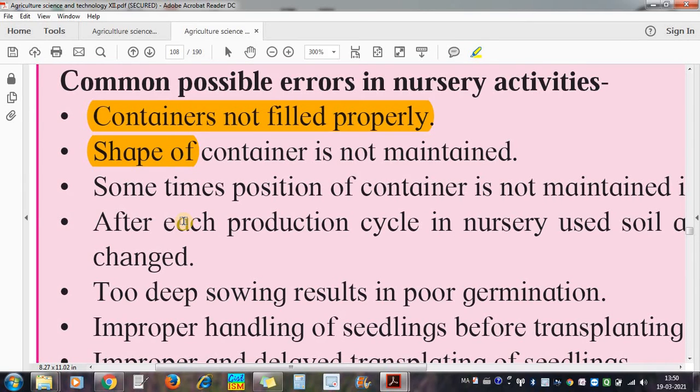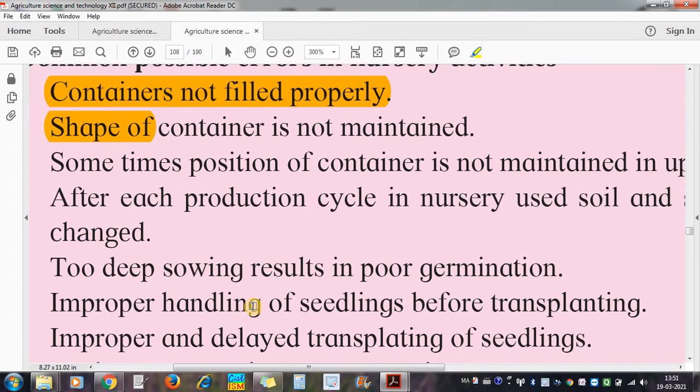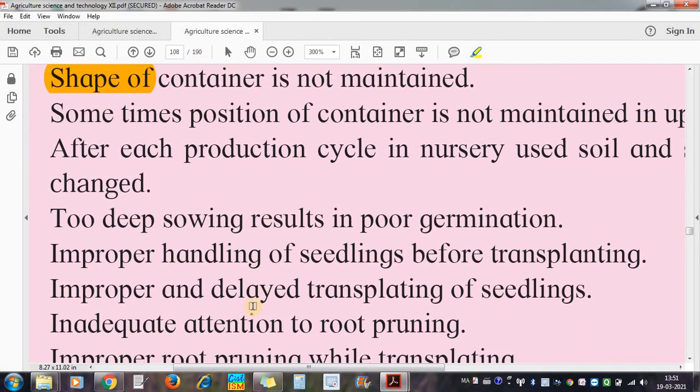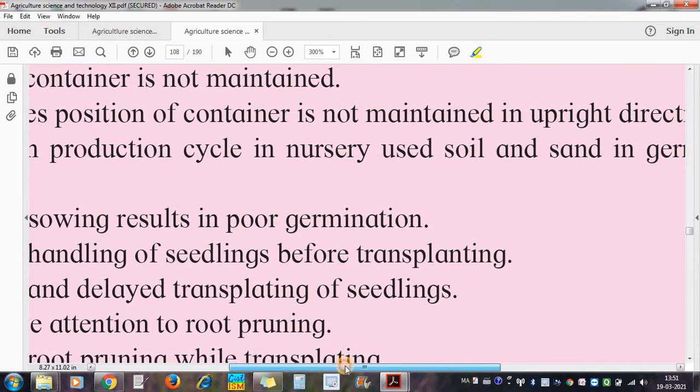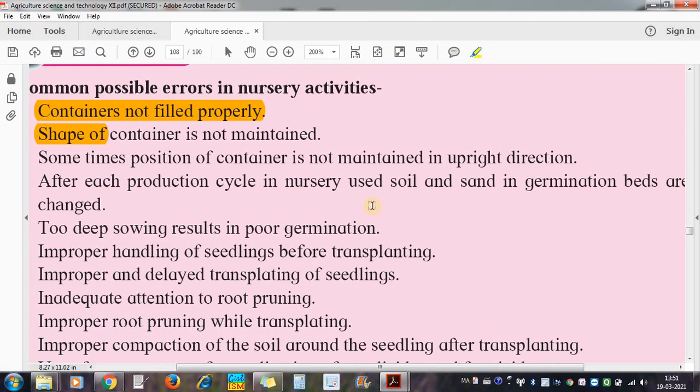Excessively large containers or very small containers are of no use or of less use. Another thing is that the containers should be kept upright, which means the seedlings should be straight and should not fall down, otherwise they may get damaged.